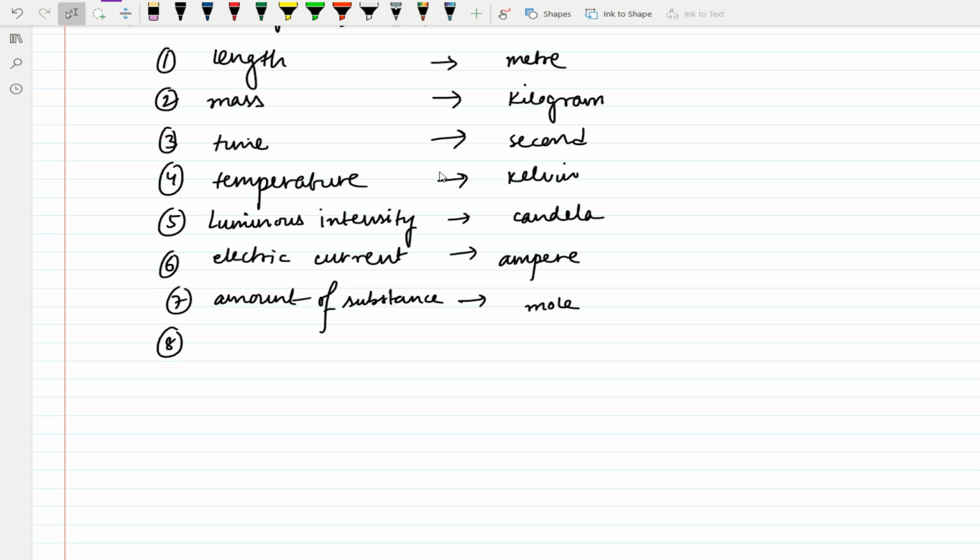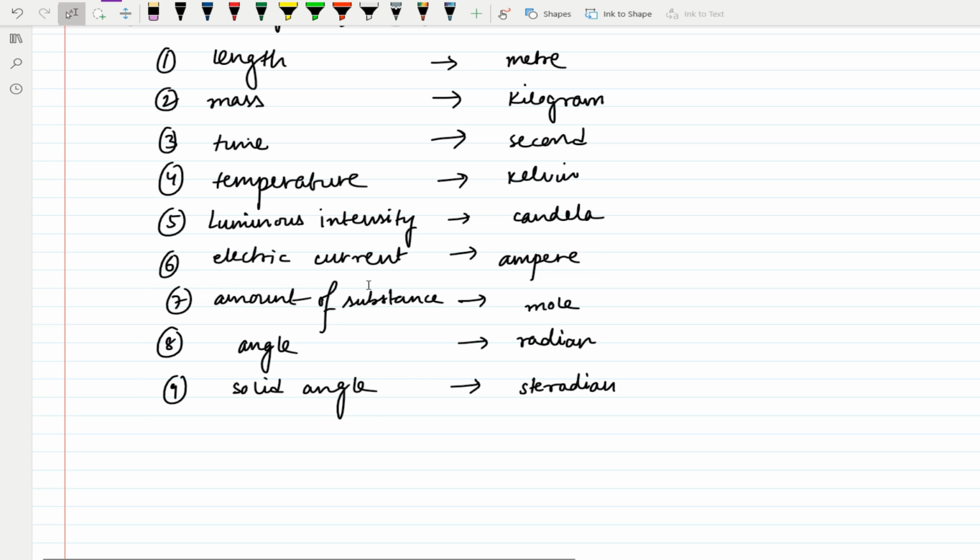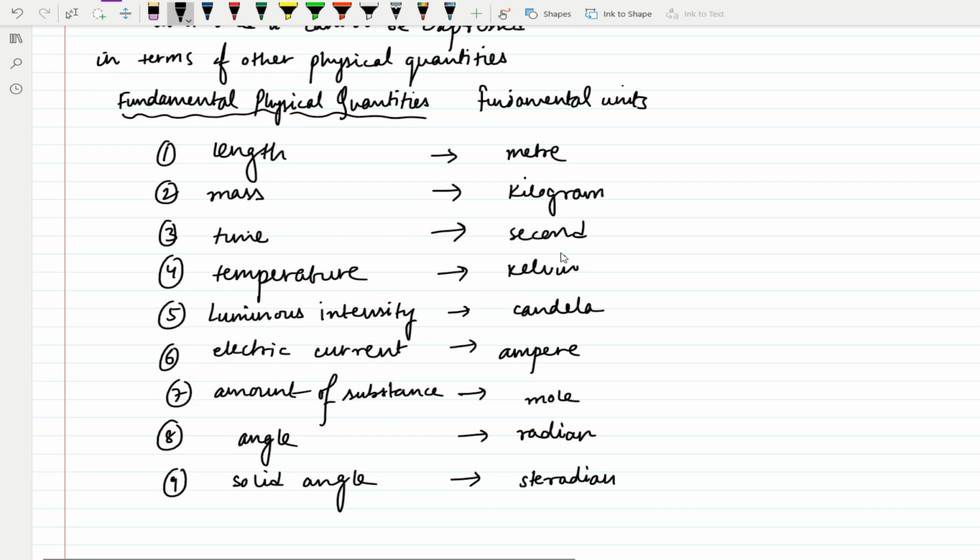Then you have angle, having radian as its unit. And then you have solid angle, having steradian as its unit. So you have to remember these physical quantities and their fundamental units.